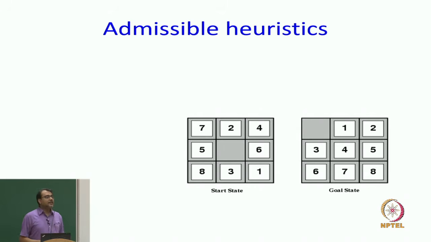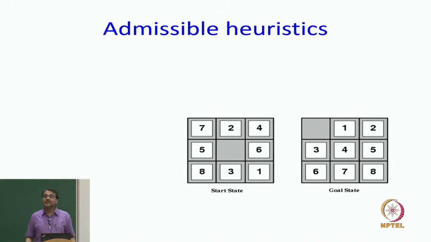So, we go back to our favorite 8 puzzle problem and ask the question: we have to go from the start state to the goal state. Can we estimate a heuristic for a node? The heuristic's job is to estimate how many steps I am going to take to reach the goal.